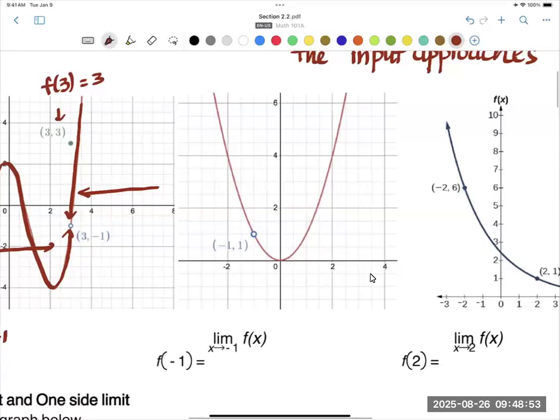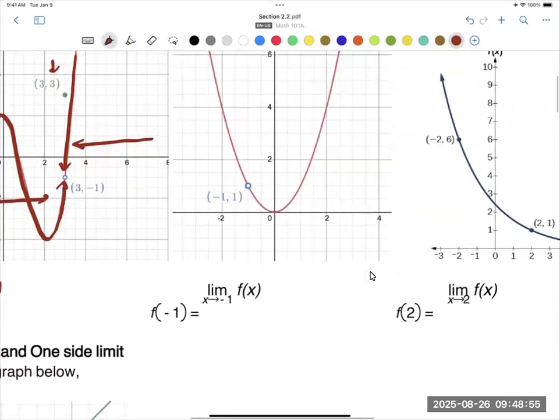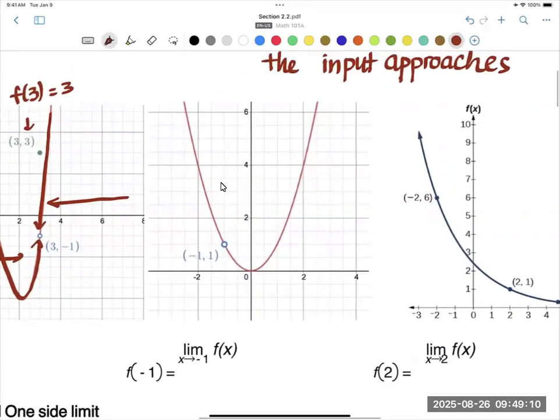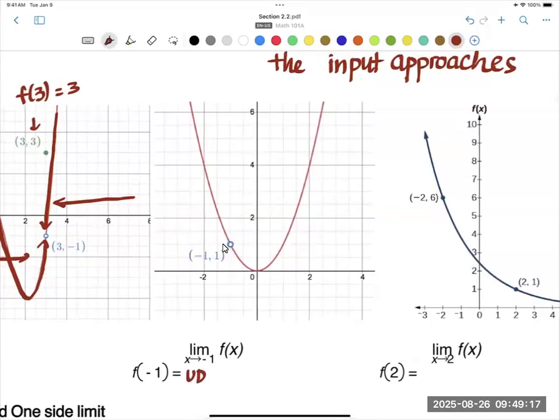Let's take a look at the second one. In this case, f of -1 is undefined. You cannot say f of -1 is 1 because this is an open circle, so it's not defined, and we don't see any other point here, so the function is undefined at x equals -1.